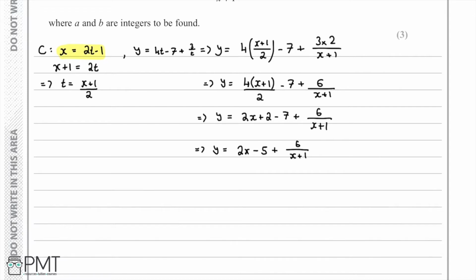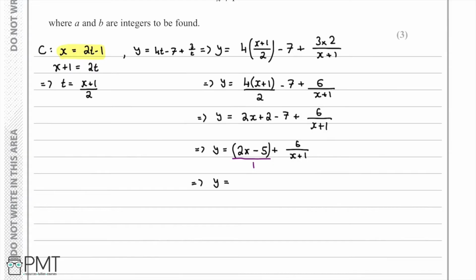So we can do this as follows. Let's put brackets around our 2x minus 5 just to make things slightly clearer. So then we can effectively think of this as 2x minus 5 divided by 1. So we can use our kiss and smile technique, which is how we know to add fractions.